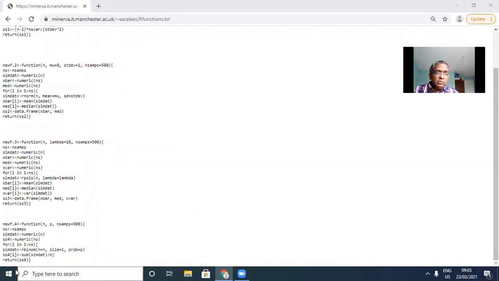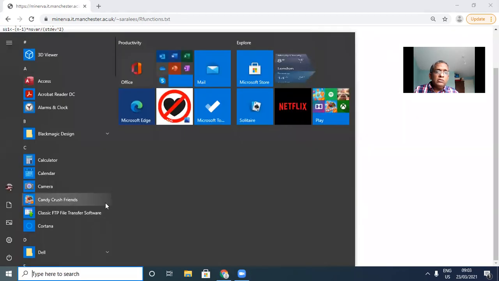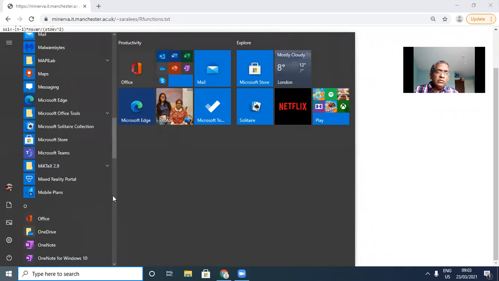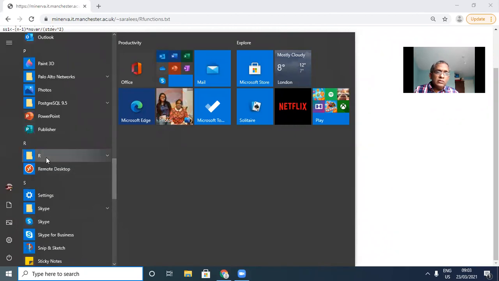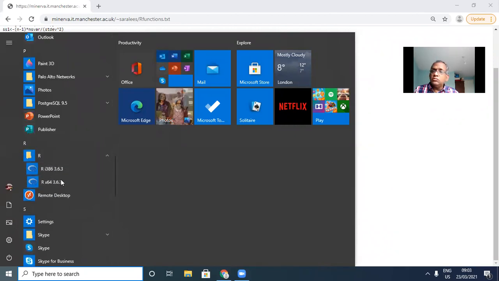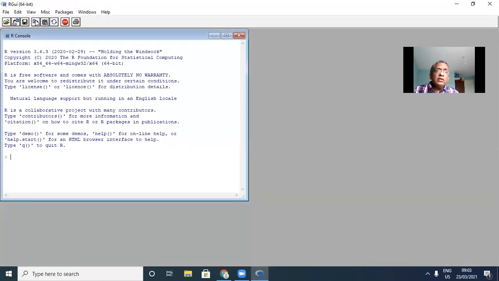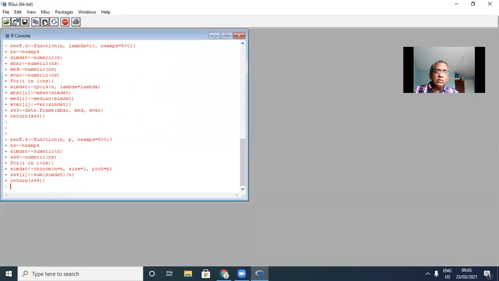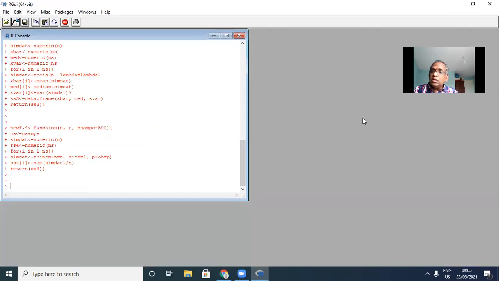To open R, you go into the Start menu, go down, click here and choose the 64 version. Now I'm going to paste the 4 R functions. As I go along, I will explain to you what these R functions do. And if you have questions, as usual, please use the chat room.